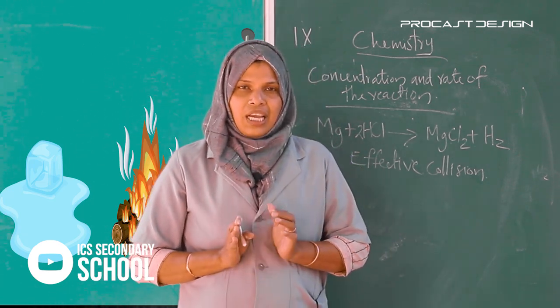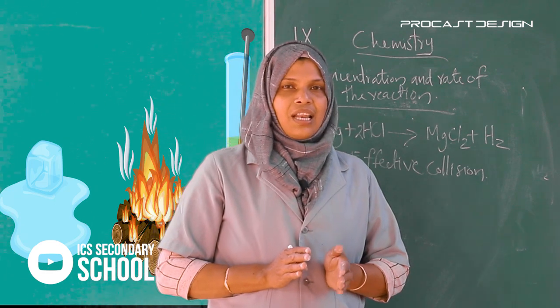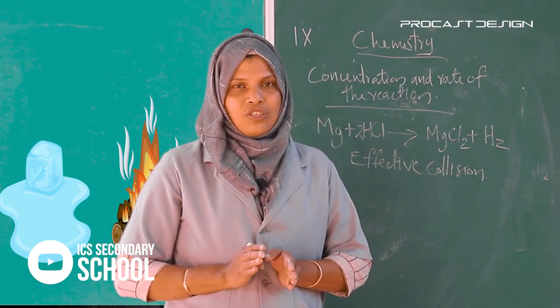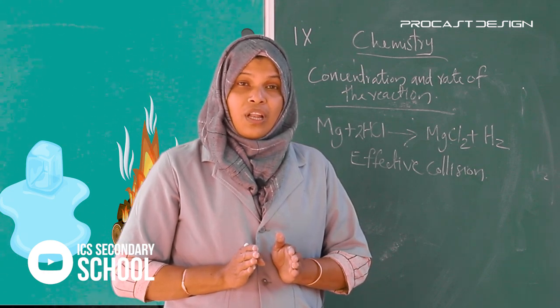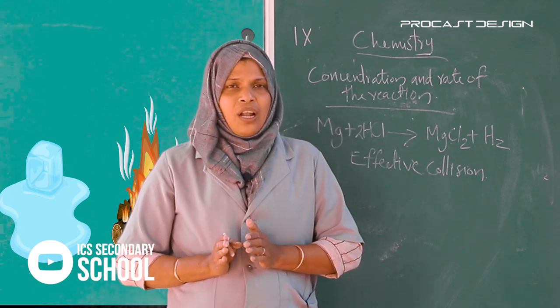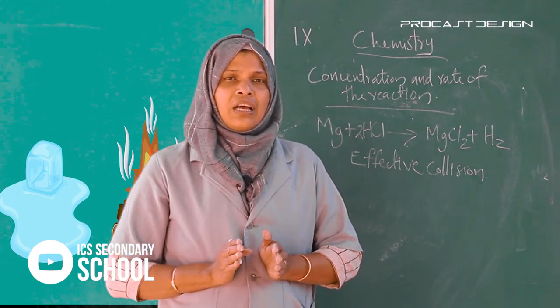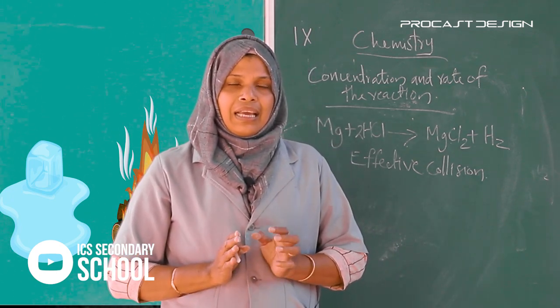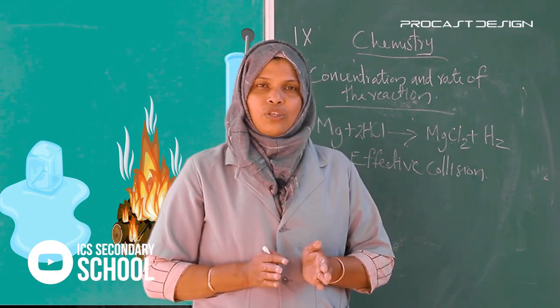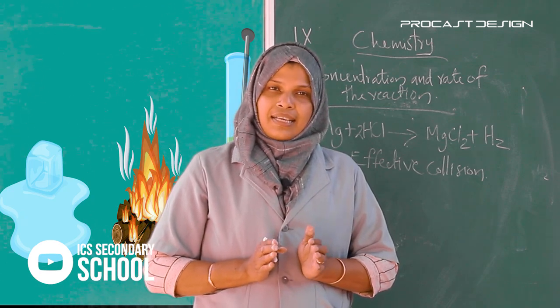Okay. First we take concentrated HCl and dilute HCl in two separate test tubes of equal volume. They should be taken in equal volume. Then add magnesium ribbon of the same size to the two test tubes and observe the changes.